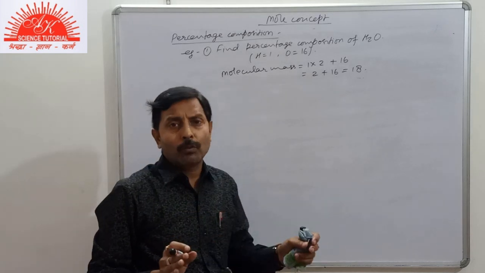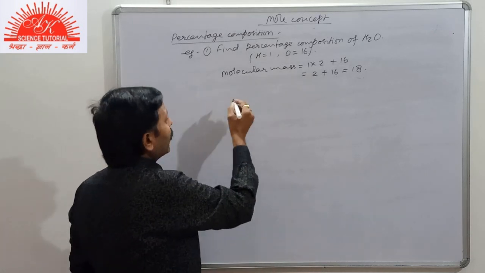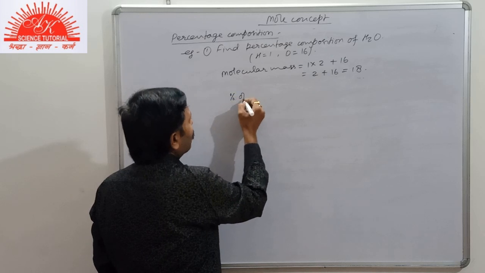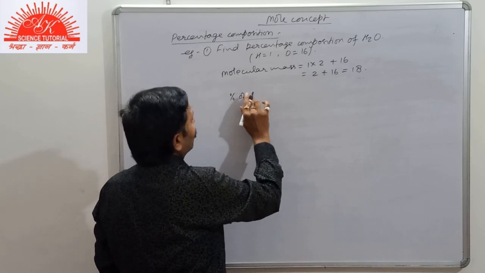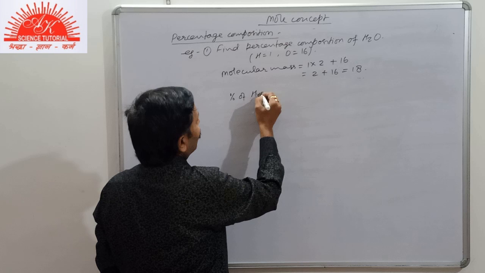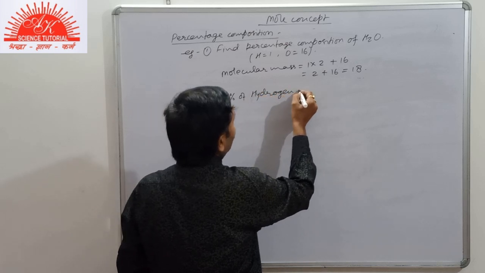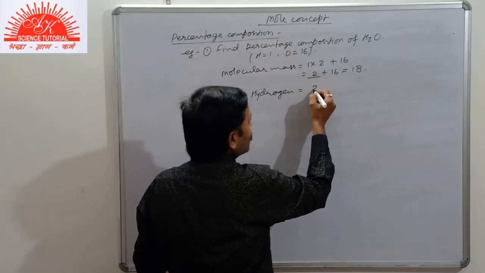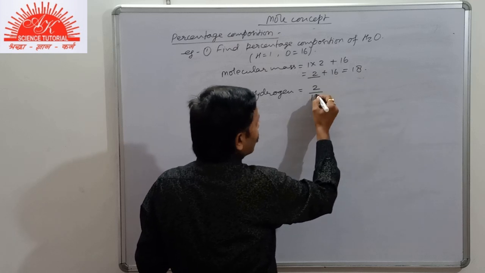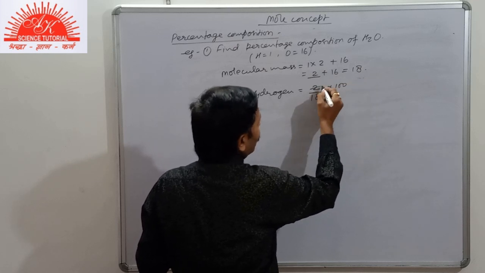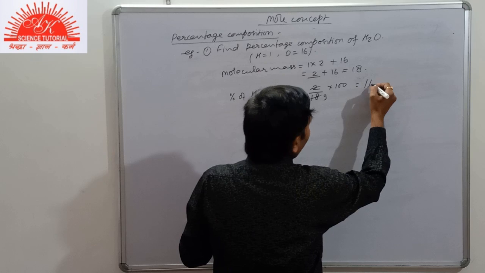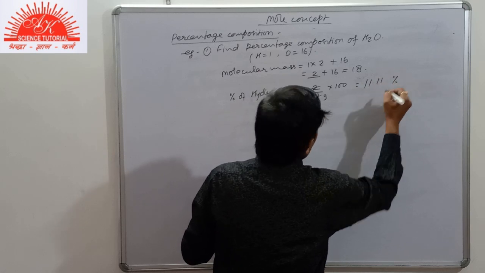Now go for direct calculation. There is no theoretical explanation. So percentage of hydrogen: part, that is 2, by total 18, into 100. Now you have 11.11%.